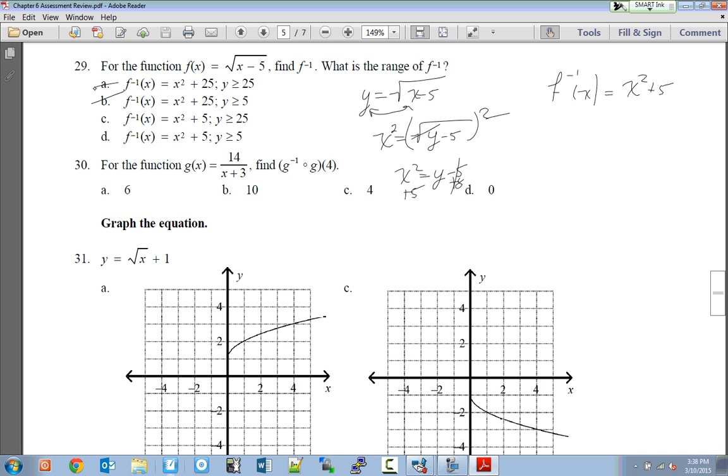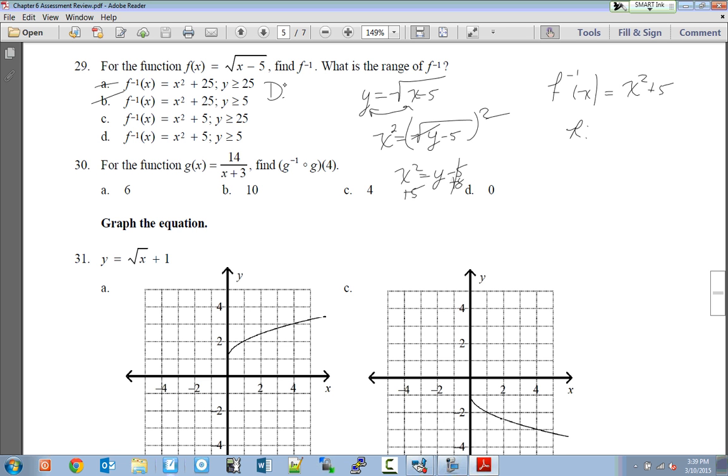So that rules out A and B because those are x squared plus 25. Now we want to find the range for the inverse. Well, the range for the inverse is simply the same as the domain for the original function. And what is our restriction on our original function? Well, if you look, we have a square root there. And remember, you can't take the square root of a negative number.